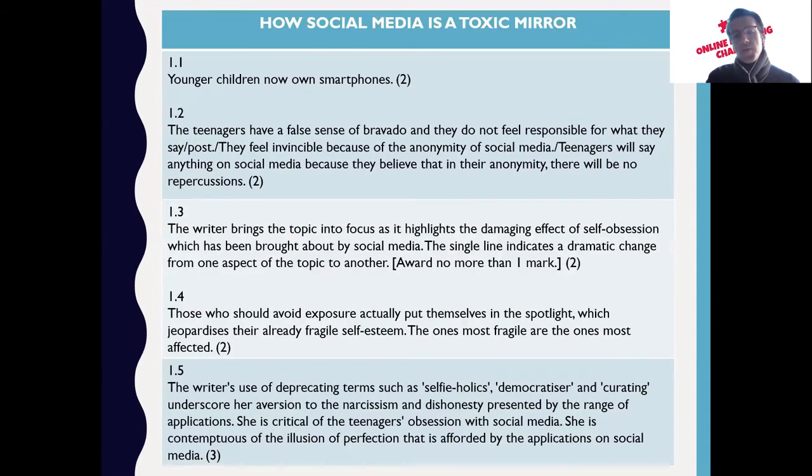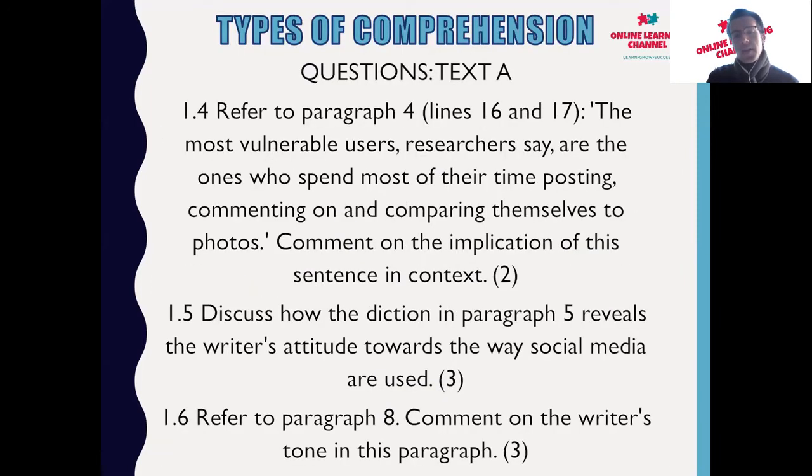Those who should avoid exposure actually put themselves in the spotlight, which jeopardizes their already fragile self-esteem. The ones most fragile are the ones who are most affected. The individuals commenting the most and comparing themselves to photos are, in fact, the most fragile of all.